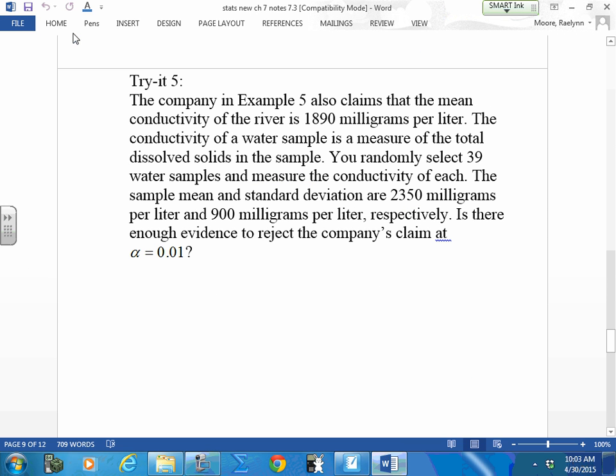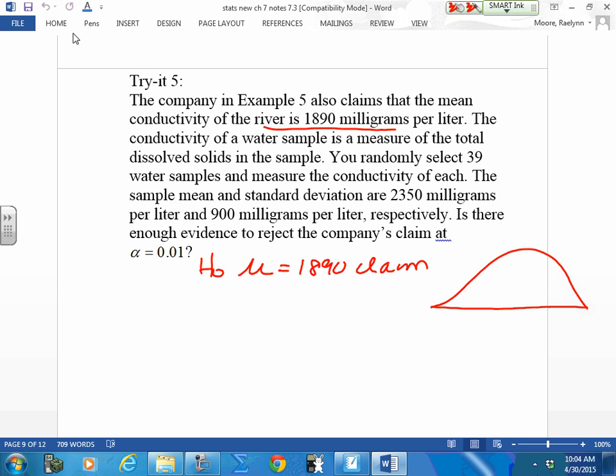Okay, let's take a look at this, guys. Same setup. The mean is 1890 milligrams per liter. This is our claim, this is our H0. Again, a two-tailed test. Even though we draw this big, you know that area is really small because it's half of 0.01.